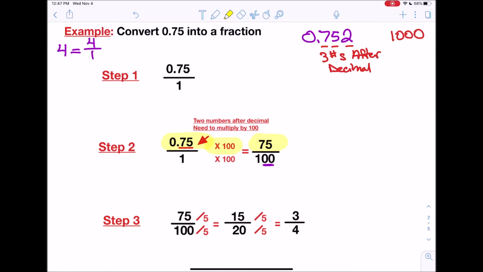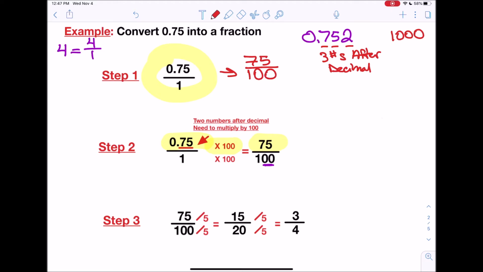So that means you can just go from here, right? And you know you're multiplying by 100, so you can go straight from that to, okay, I know I'm going to have a whole number on top. And for the bottom number, there's 2 numbers after the decimal, so that means 2 zeros, so I automatically know that there's going to be 100 underneath.